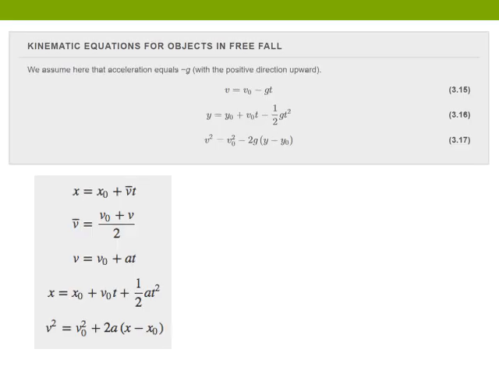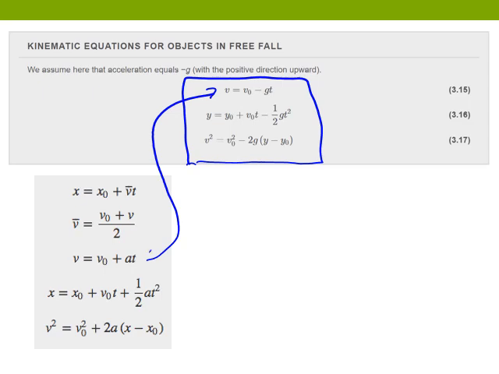When we put these ideas together, we arrive at what might look like special equations or special forms of the kinematic equations, but really all we've done, you can see, these equations are the same. All we've done is assign acceleration to be minus g. Once again, I want to emphasize that this is only because we set up as the positive direction.